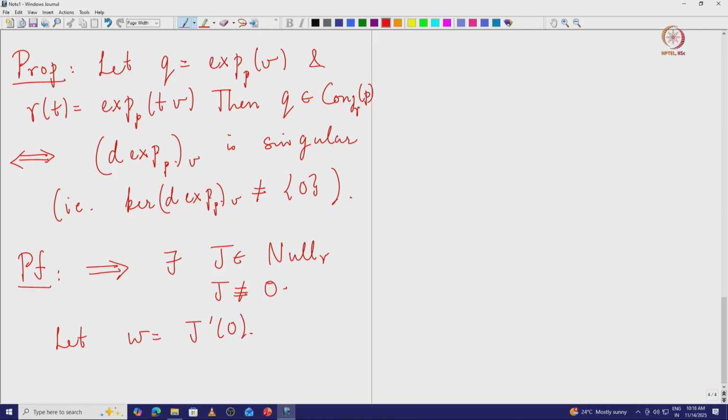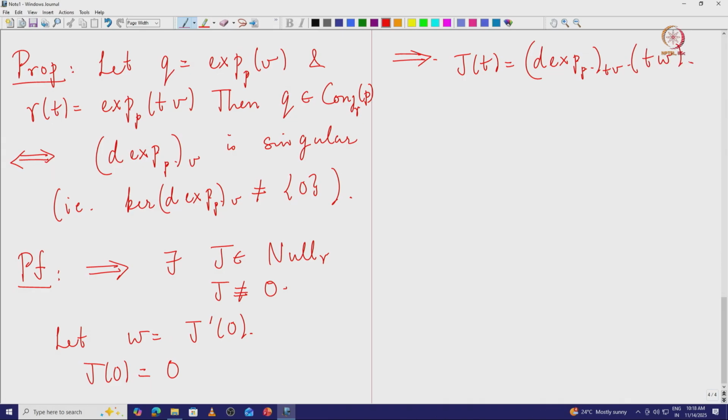Then because J of 0 is equal to 0, by the proposition that I started off the lecture with, we can write down a formula for such Jacobi fields. This Jacobi field is given precisely by the derivative of the exponential map at tV acting on tW.